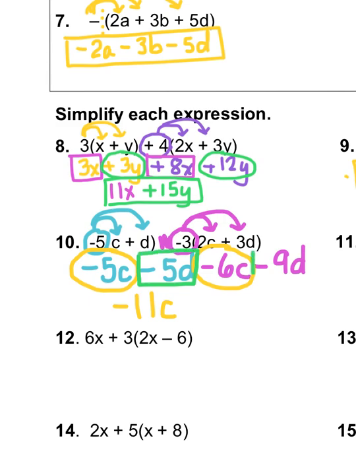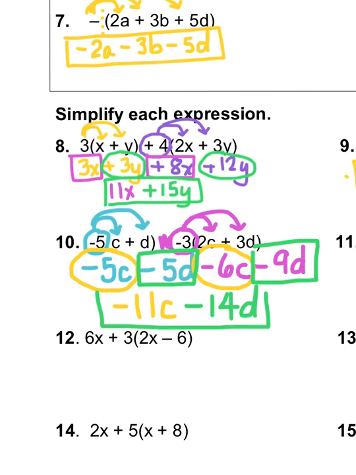So we have -5d and -9d. We're combining those like terms. They are the same sign, so we add. That's 14d, and we keep the sign. Don't write plus minus 14d, just write minus 14d. Now that we have combined our like terms, this is simplified.